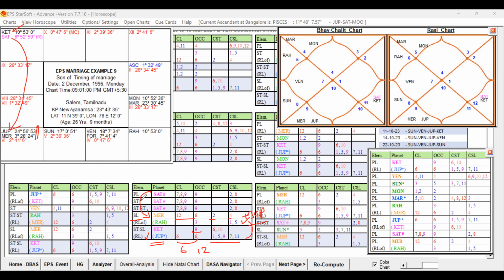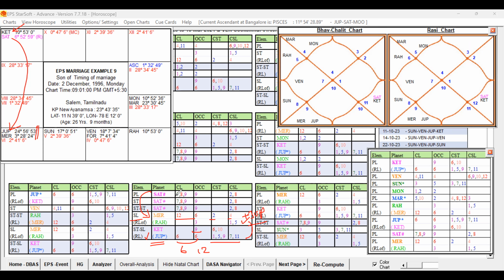Now Saturn is passing its ruler link to the Mercury, and Mercury is getting the ruler link from the Jupiter, because Mercury is in the sign of Jupiter and conjoined with the Jupiter itself. So that is also good. And what else? That Mercury is indirectly connected to Ketu. That is also fine.